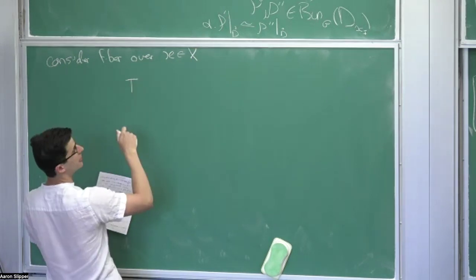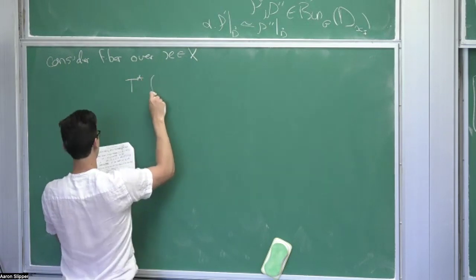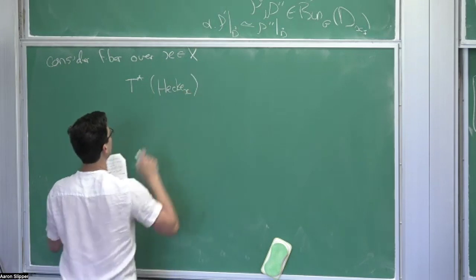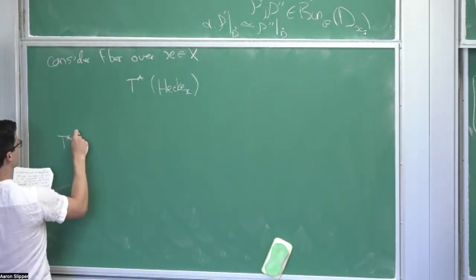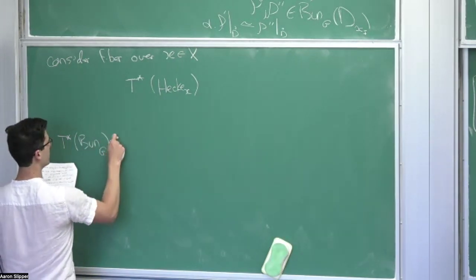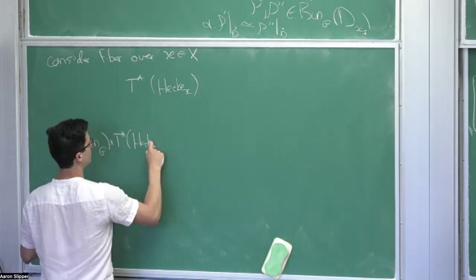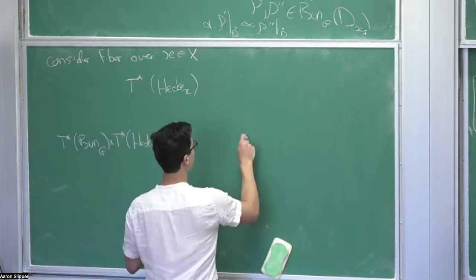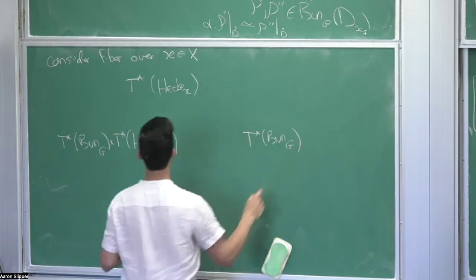And then I consider the cotangent space of this f of X. And then I have P star 1G cross 2 star of this law, and then 2 star 1G.